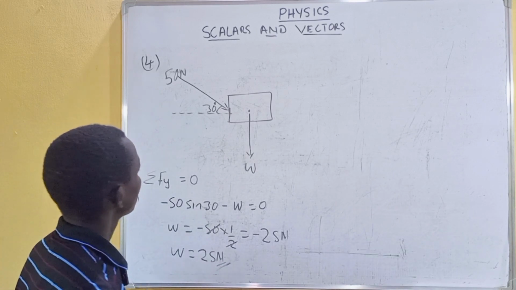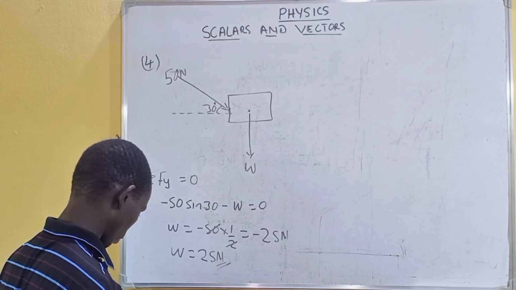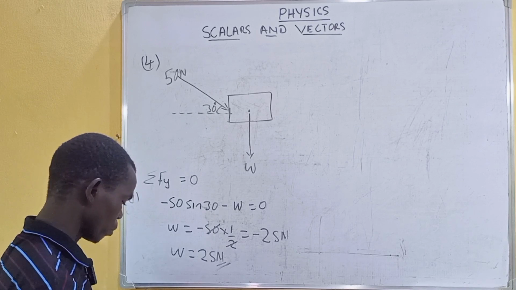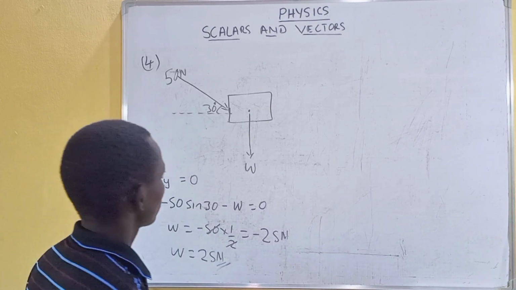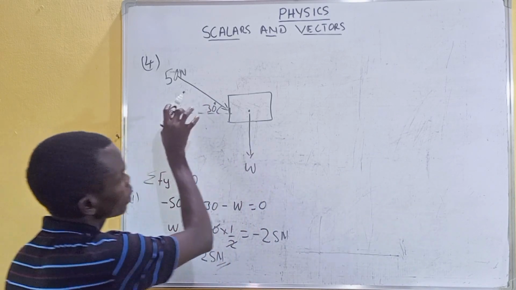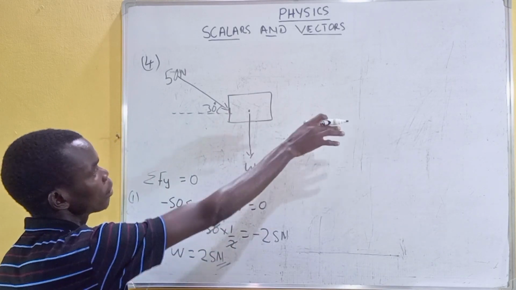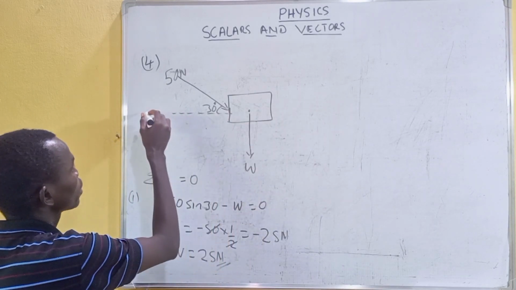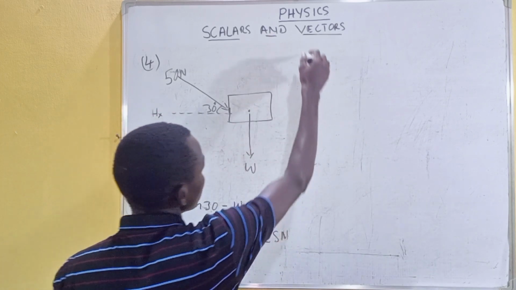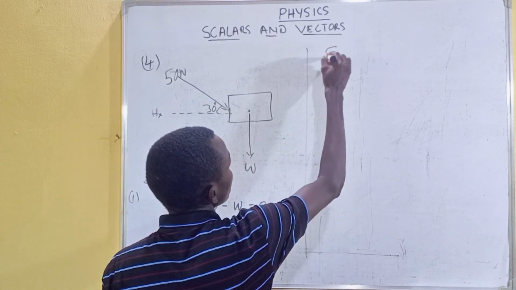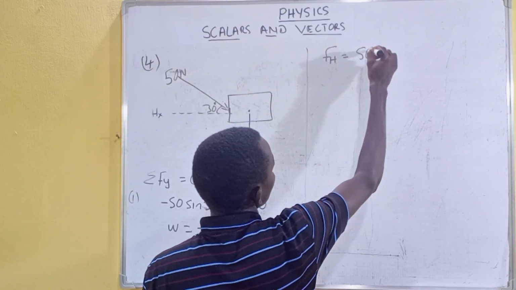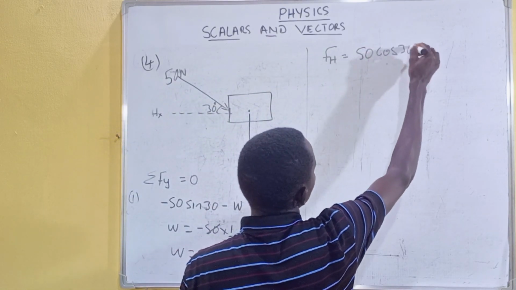Let's look at question 2. We should calculate the magnitude of the effective force that moves the mower forward. We are asked to calculate the force that is moving the mower in the horizontal direction. From this, we can find our horizontal component, which will be F horizontal equal to 50 cos 30.